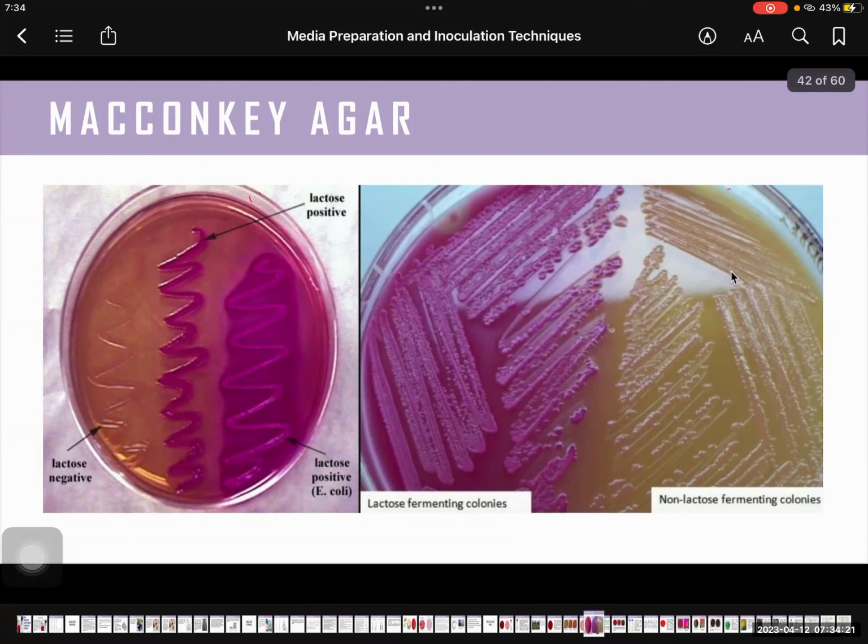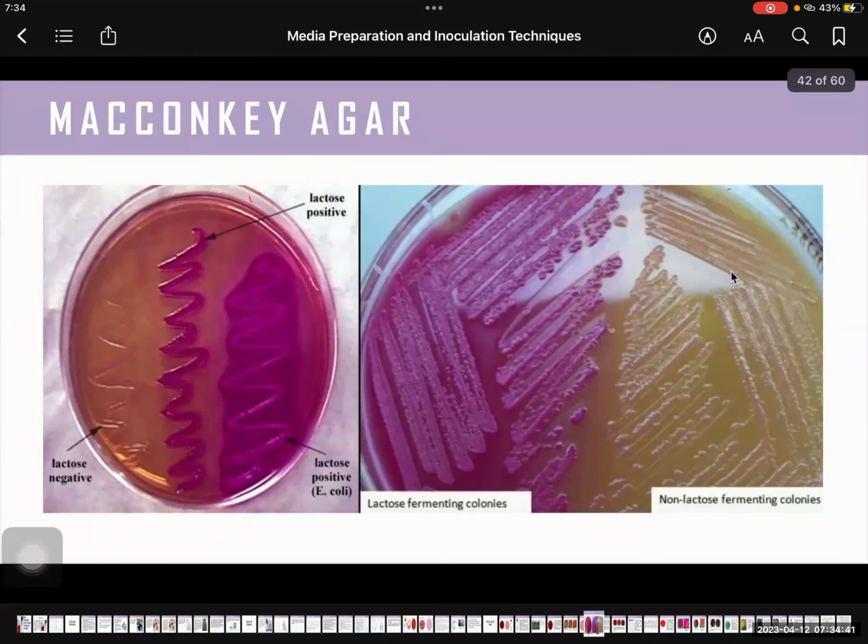products. And of course, what is the pH of an acid? Right? They are very low. And once the lactose is fermented and once acids are built up through the medium, of course the pH will change. And it will tell us if the organism is a lactose fermenter or a non-lactose fermenter.